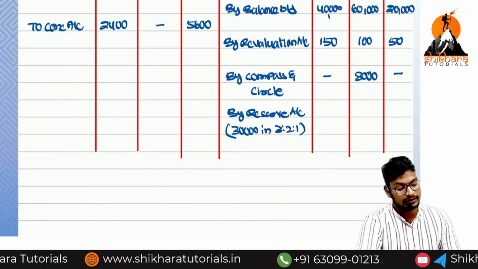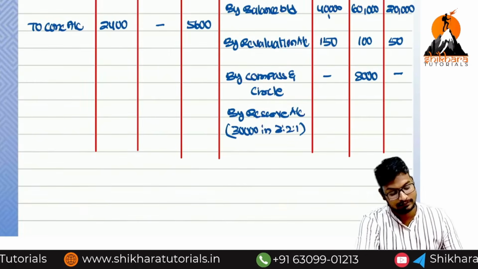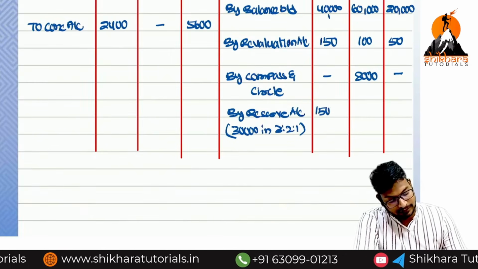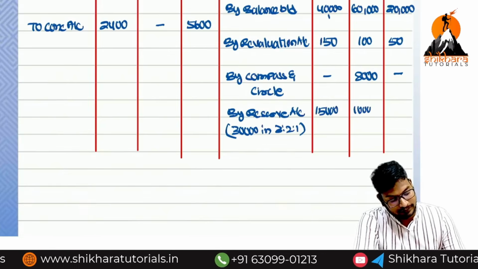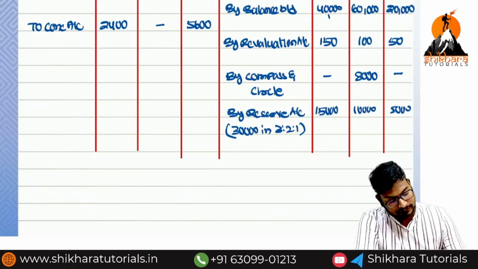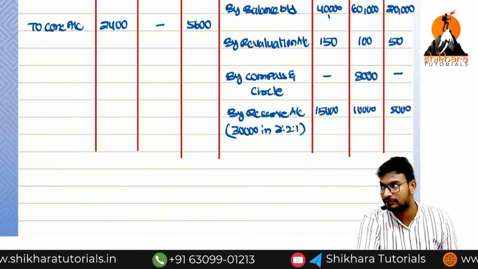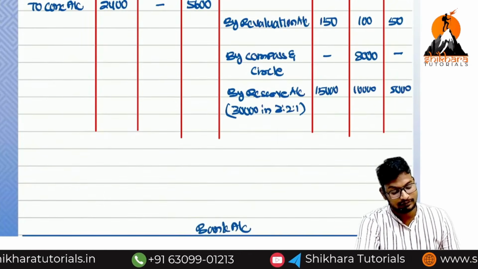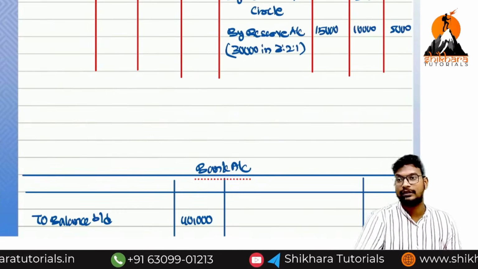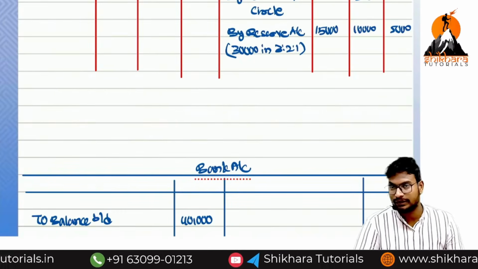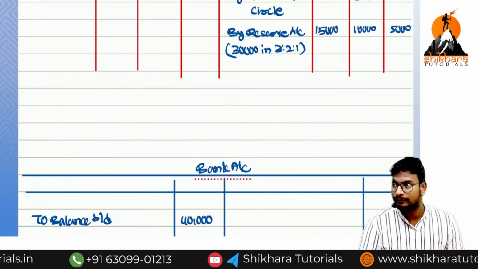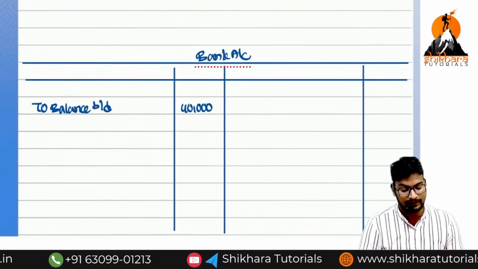So 30,000 into 3/6, 2/6, 1/6: 15,000, 10,000, 5,000. Same as the revaluation calculation. Next, we have one more point, the profit point. We need to wait.